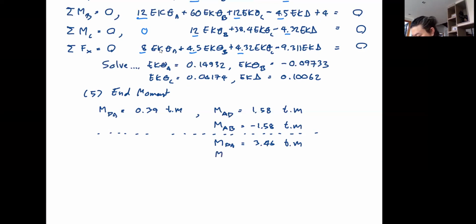So let's go for MBE here. MBE is minus 1.62 ton-meter, and the last one is MBC. It's minus 1.84 ton-meter. Okay, and this guy, the summation of this moment, that is 0. Okay, and the opposite of BE, that's EB. So let me write here.